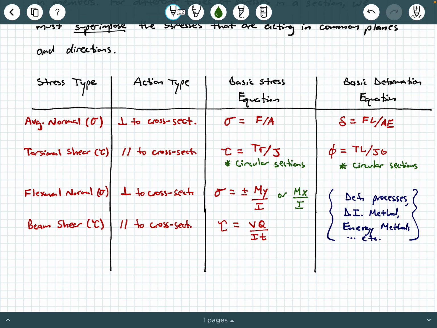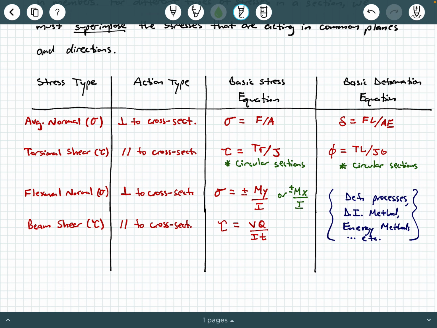Now, the My over I or the Mx over I will depend on what primary axis of the cross section your bending is about. Let's put a plus and minus there too. If you have bending about the centroidal x-axis or centroidal y-axis, that's going to affect whether you're looking at a centroidal distance in the y direction or the x direction.